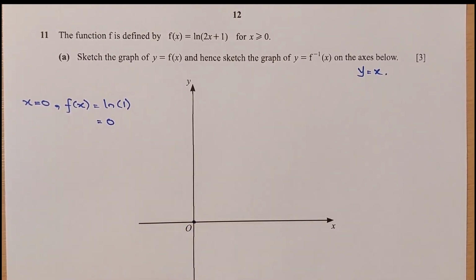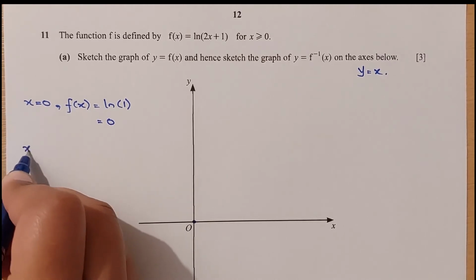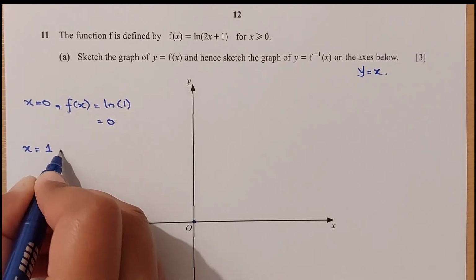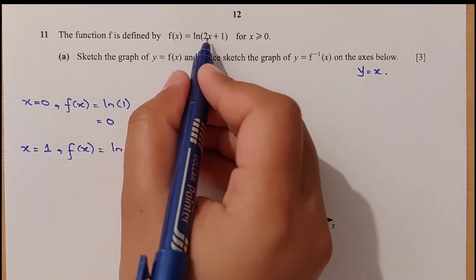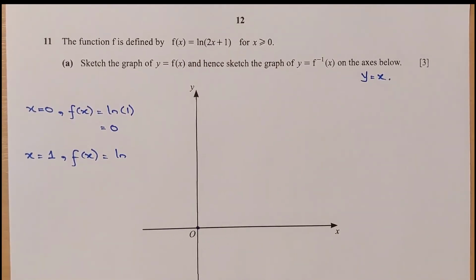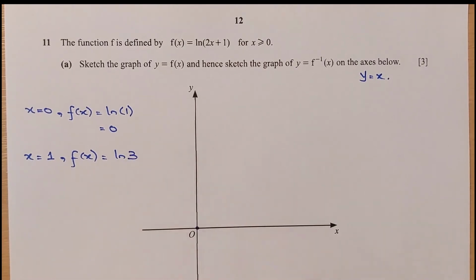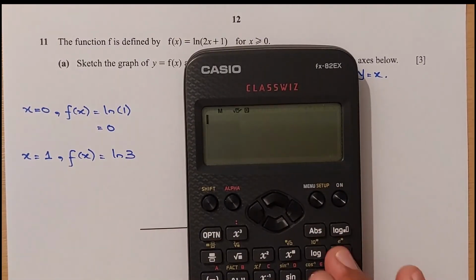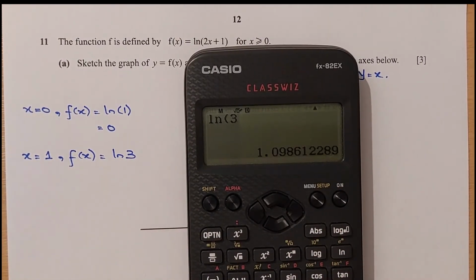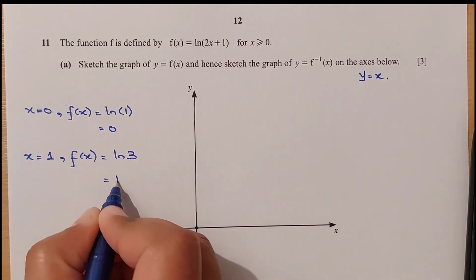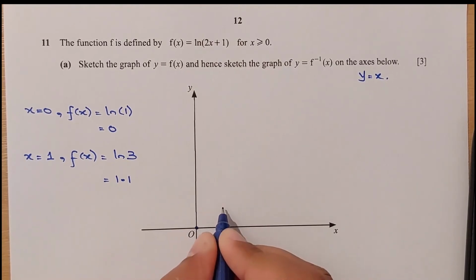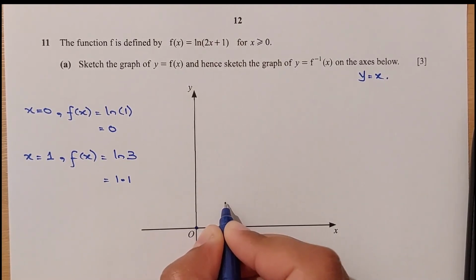When x equals 1, f of x is the natural log of 2 times 1, which is 2, plus 1, that is 3. So what is ln 3? Ln of 3 is 1.09, or 1.1, we can say. So when x is 1, y is 1. So we have this second point.